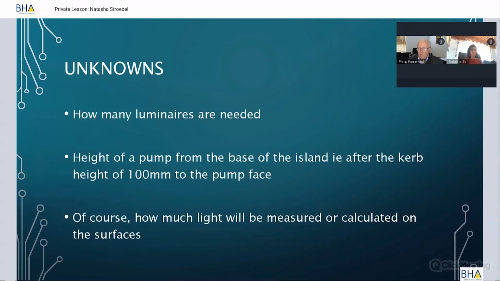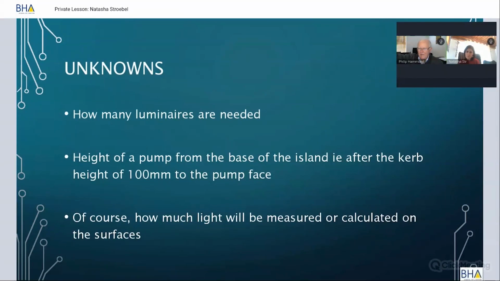What we don't know is how many luminaires we're going to need. We don't know what the height of the pump is from the base of the island after the curb height of 100 millimeters. I knew what it was because I measured it, all right? But that's part of the problem that you have to calculate. So the easiest thing to do is go to a garage, climb on the pump island, and measure from the top of the island to the face of the pump, which says how many liters and all that stuff.